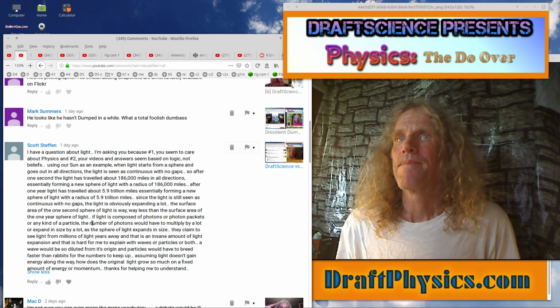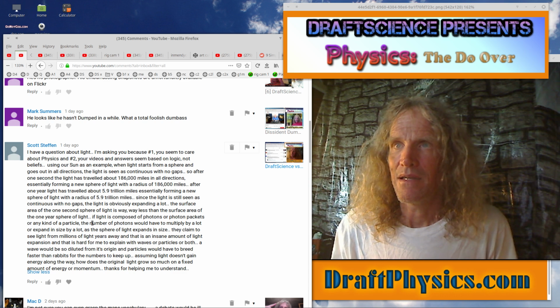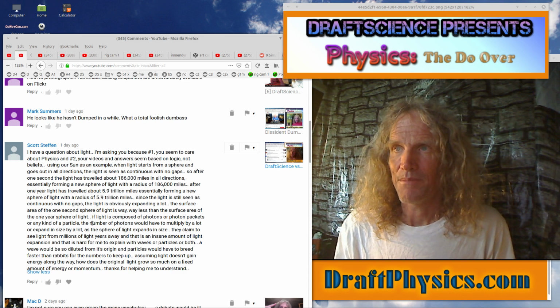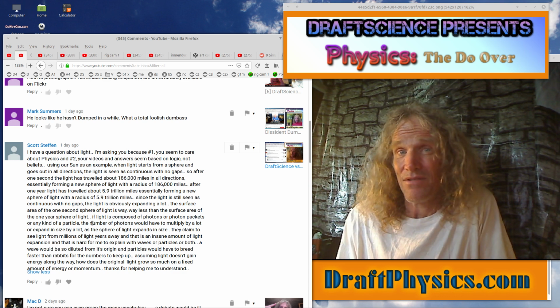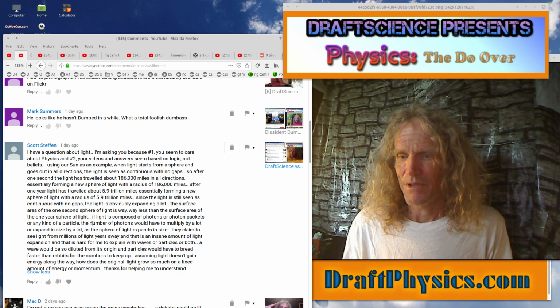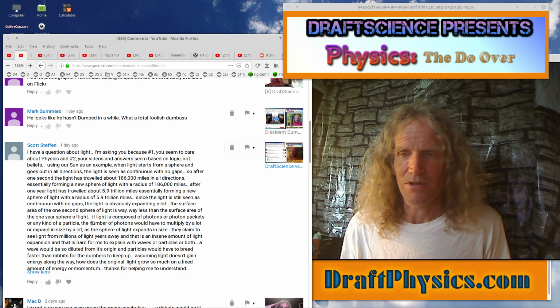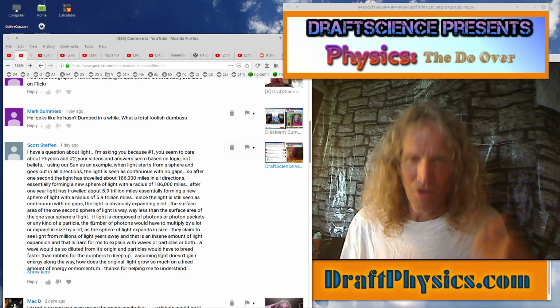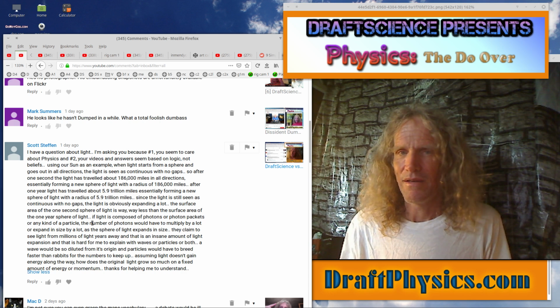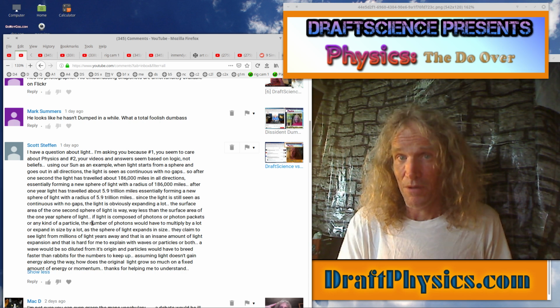Okay, the light is seen as continuous with no gaps. But that's just how it seems, right? I mean, we know that that's not what happens. We know that essentially everything is time-lapse. Everything's a long exposure. So our brain is making long time exposures. It's not seeing the universe at the speed of photons.